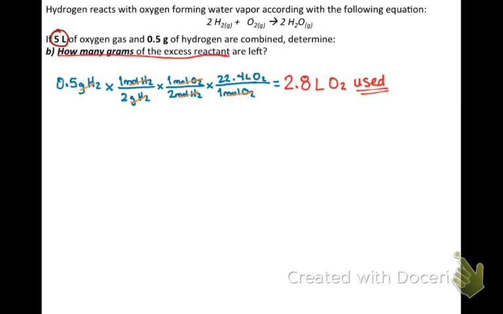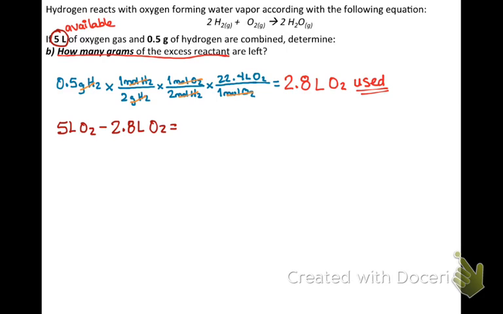So if we have 5 liters of oxygen available and we used 2.8, what remains is 5 liters of O2 minus 2.8 liters of O2.